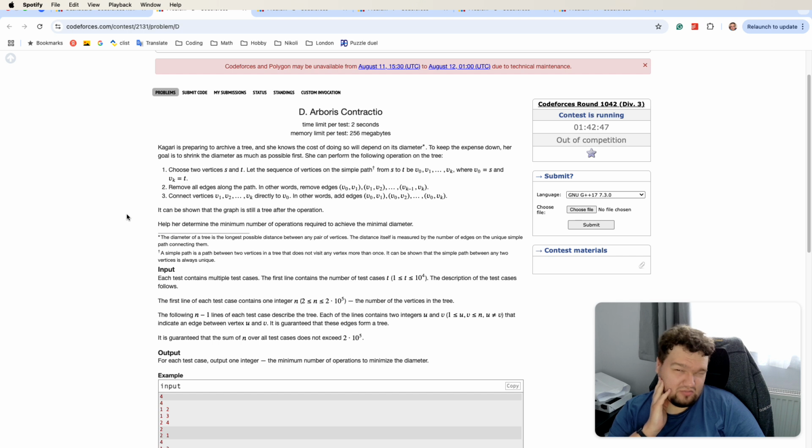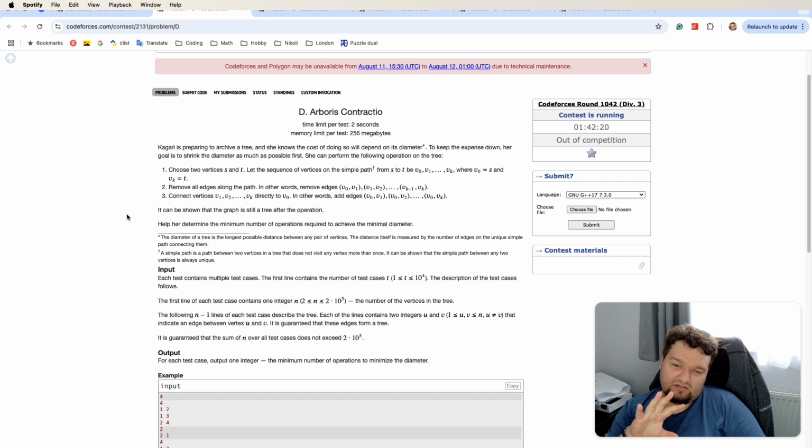It's probably true. There will be a vertex V that will be the center of the star in the end. We can choose it beforehand.